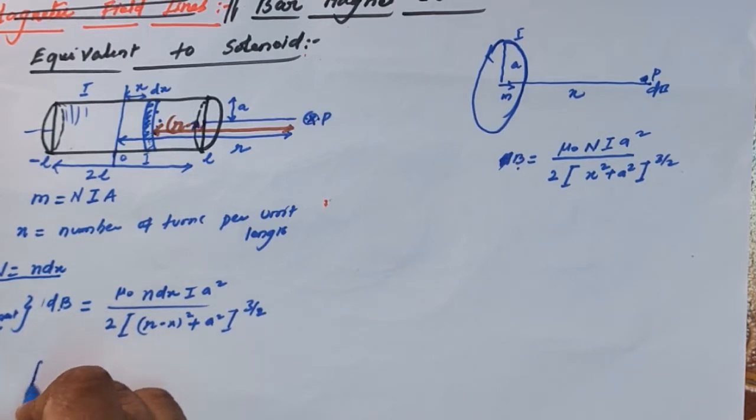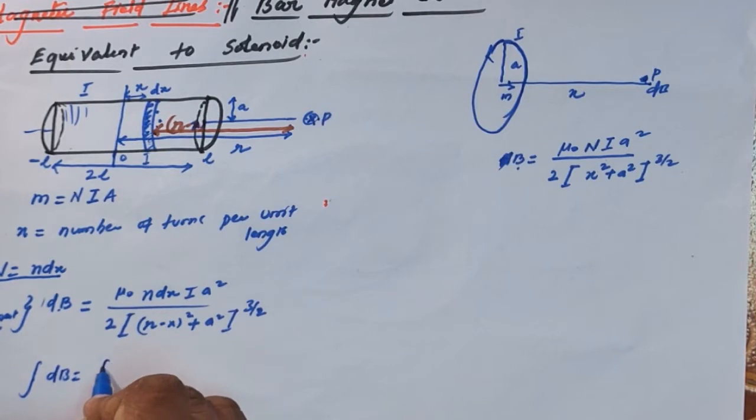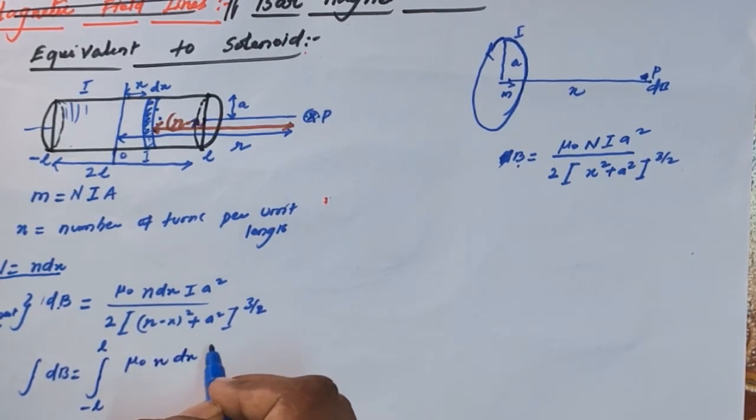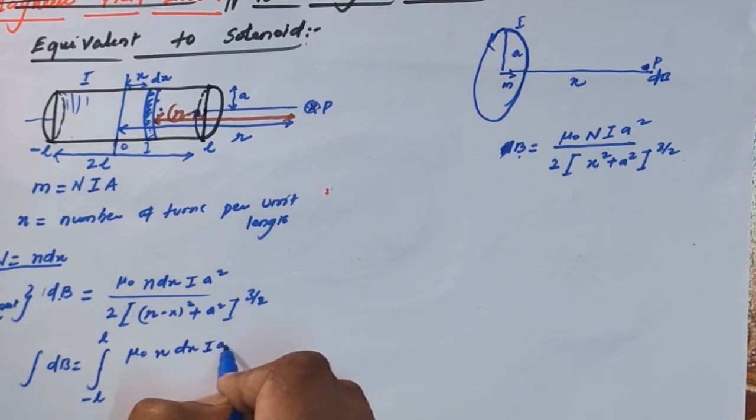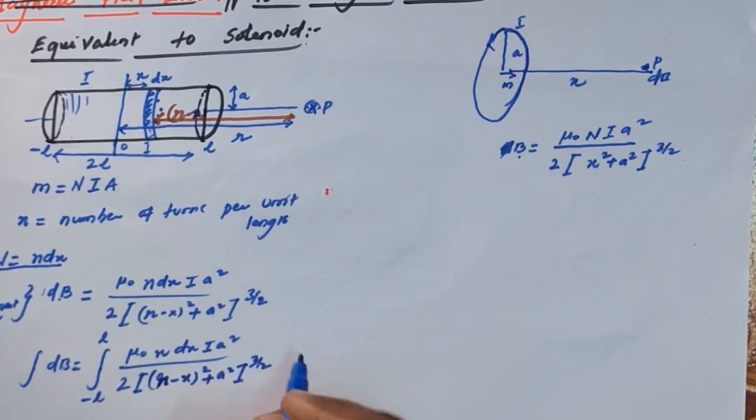So if we take the integration, on the left hand side dB, on the right hand side we are going to take the integration from minus L to plus L. That integration, minus L to plus L, of mu naught n dx I a square divided by 2 times (r minus x) whole square plus a square, whole power 3 by 2.